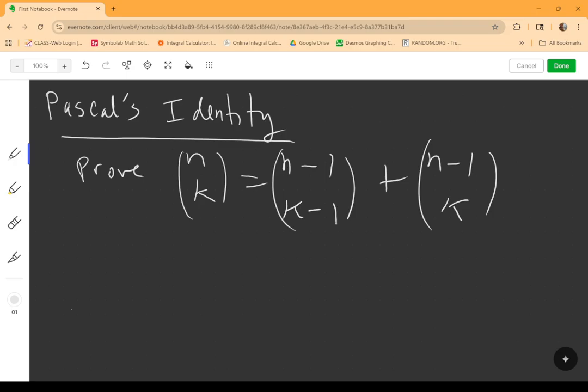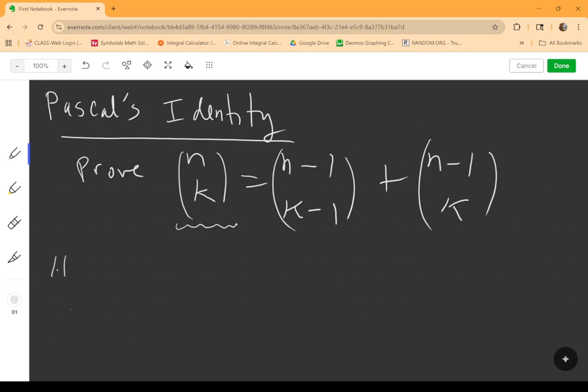All right. So the idea here is you want to come up with a counting question. Let the n choose k, because we're familiar with that, guide how we formulate our counting question.